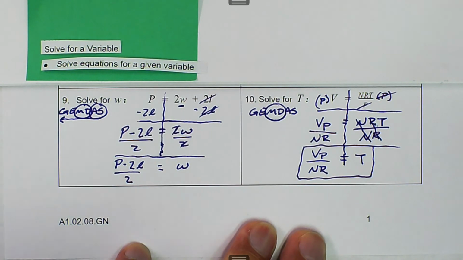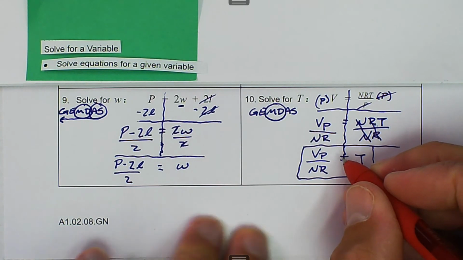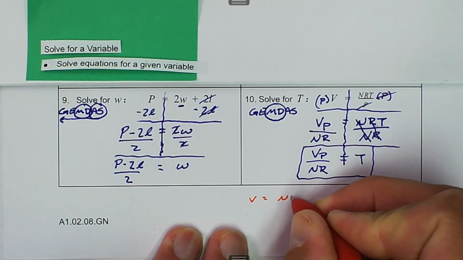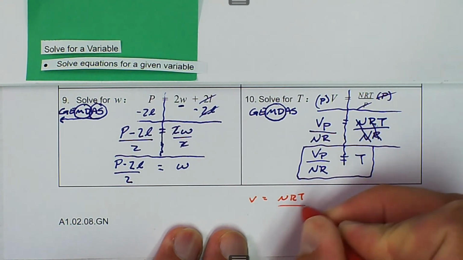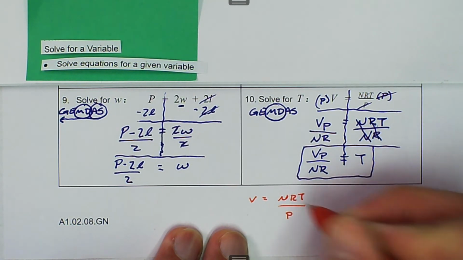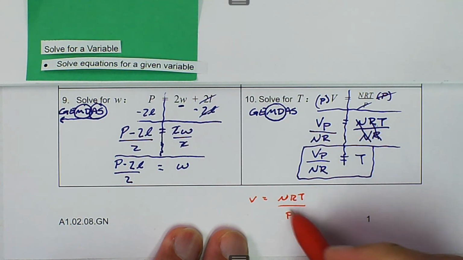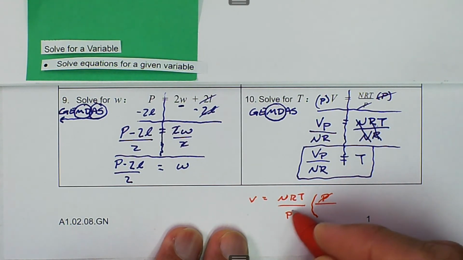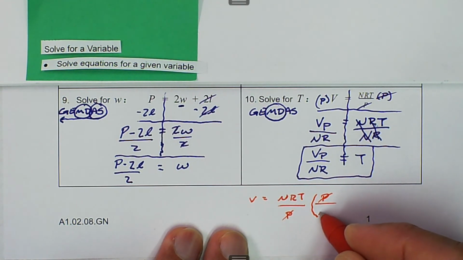One other way that we can do it in just one step is we could multiply by the reciprocal. So if we had v equals nrt divided by p, we could do this in one step because this is all multiplication and division. So we could multiply by the reciprocal: we put p in the numerator, that cancels the p in the denominator, and then we put n and r in the denominator, and those cancel there.